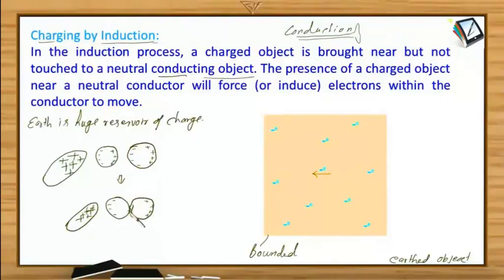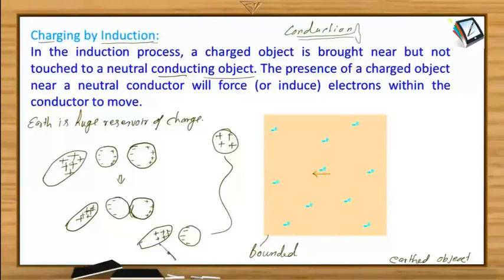So what will we do? We'll use the same trick: remove this contact in the presence of this object, let this object be there only, and separate these two spheres. Then what will happen? Here negative charge is bounded, and now separate the other sphere to some other location so that its positive charge is equally distributed inside the sphere.